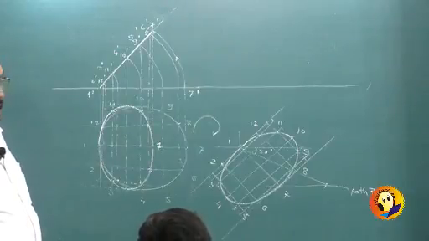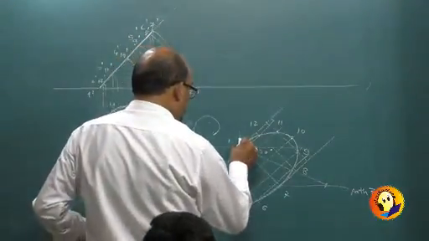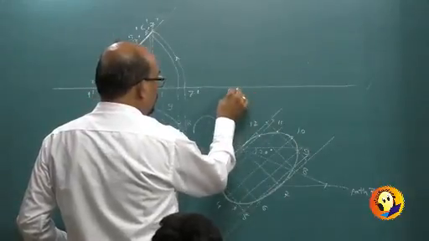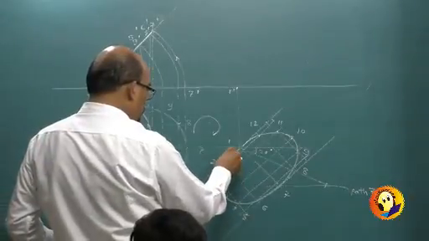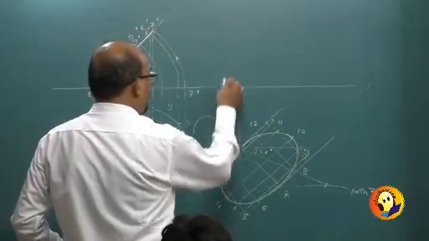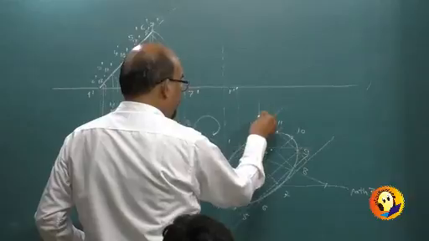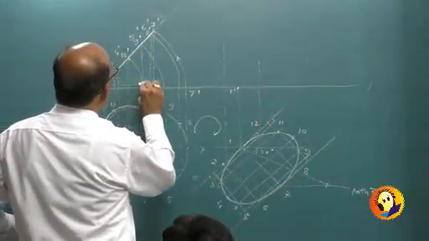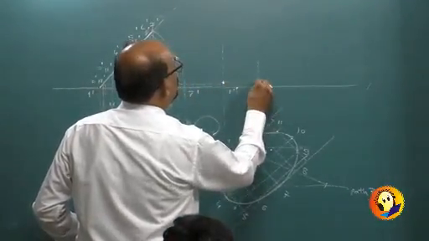right? And now the elevation is to be completed, so it is better if we go point by point. Point 1, path of 1, we get point 1, 1 dash. Then projector through point 2, and 12 up to 2 and 12, and so we get 2 and 12.